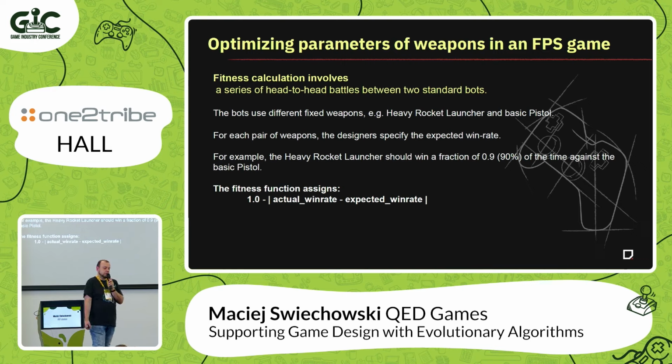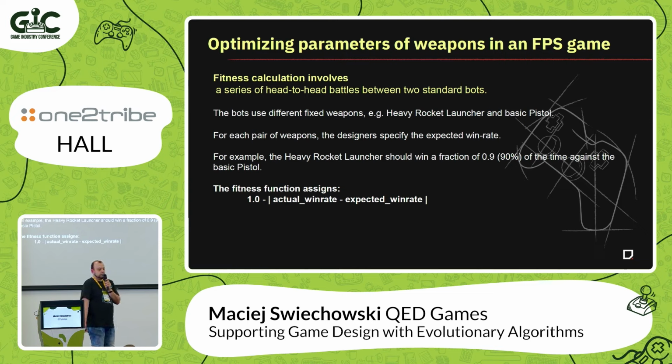For example, we can optimize parameters of weapons in a first-person shooter game. So let's assume that the fitness calculation involves a battle or a series of battles, head-to-head, between two bots. We assume that the bots have the same logic, but they use different fixed weapons.